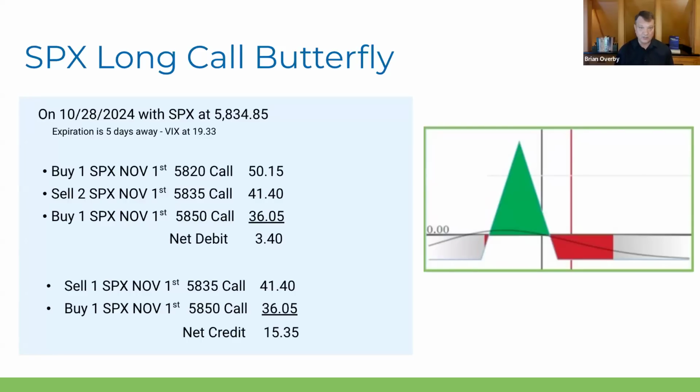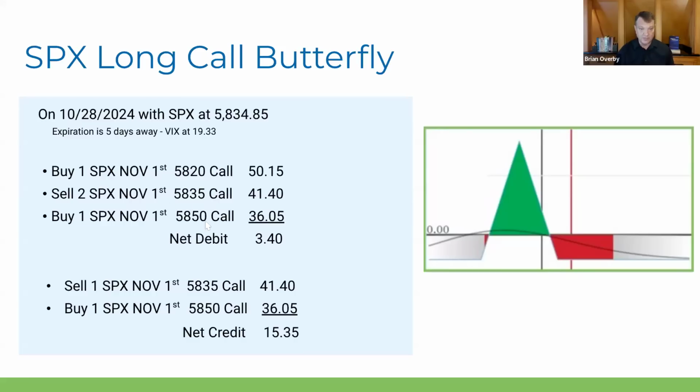So what is a butterfly? It is a combination of a long spread and a short spread that has the middle strike the same. So you are selling one of these option contracts right here. You're selling one of those to go along with your long spread, and then you're selling another one to go along with your short spread.